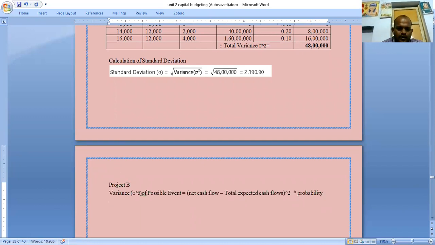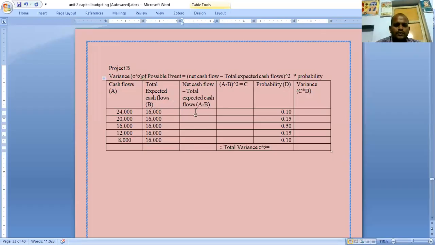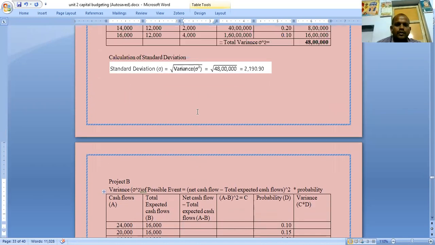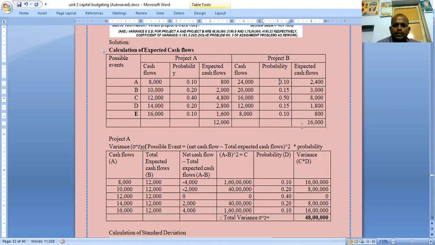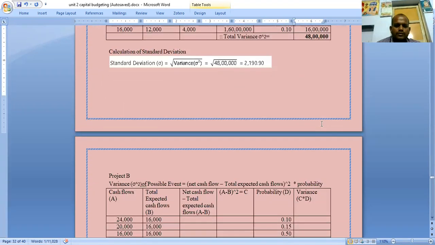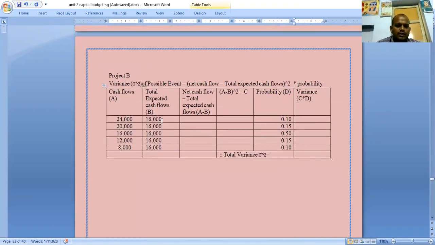Project B. I'm just taking the same values from project B. Cash flows, probability, and total expected cash flow 16,000. So these are the cash flows, and total expected cash flows are 16,000 in each possible event, and probabilities. So let us calculate the total variance.